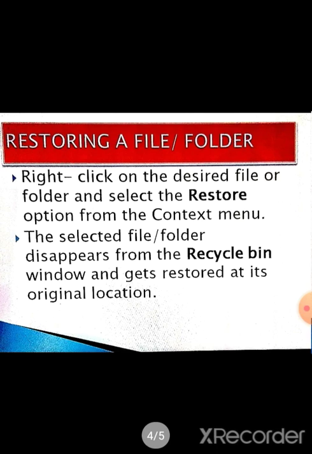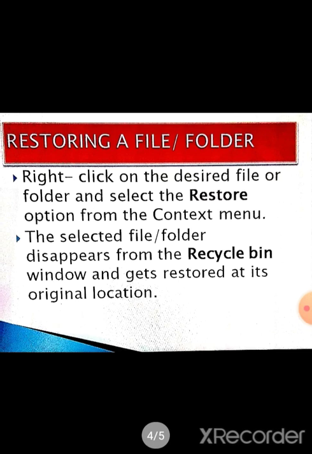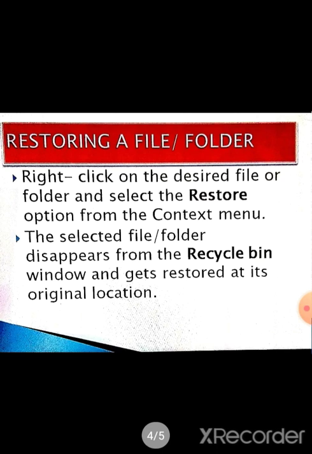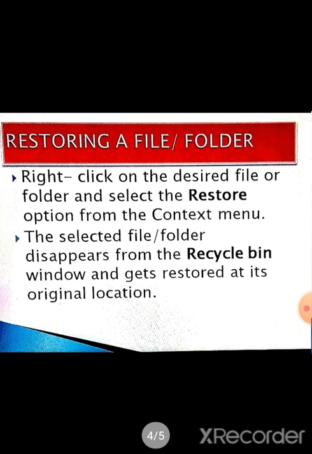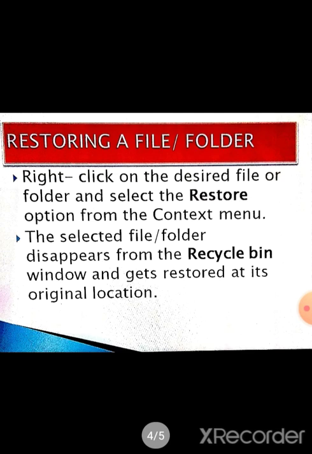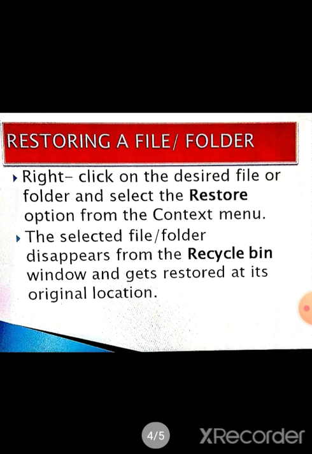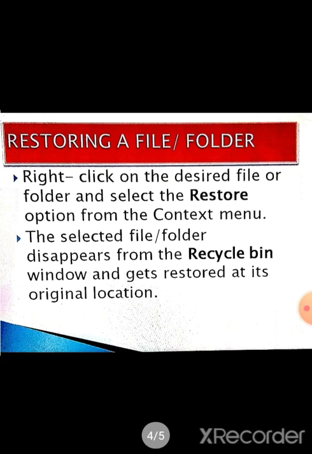the various files and folders which are already contained in the recycle bin are shown to you. Select the desired file or folder which you want to restore. After that, click on the organize button. When you click on the organize button, a menu opens which is known as drop down menu or shortcut menu, where you get various options.